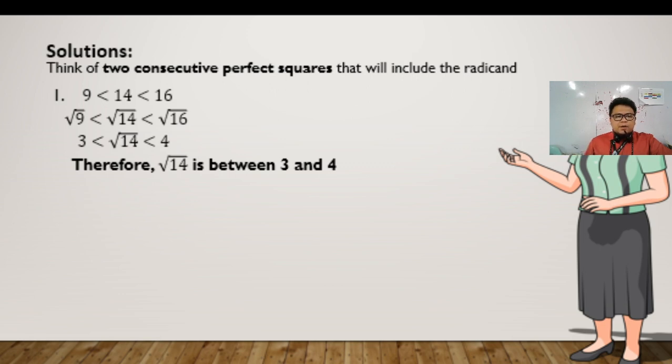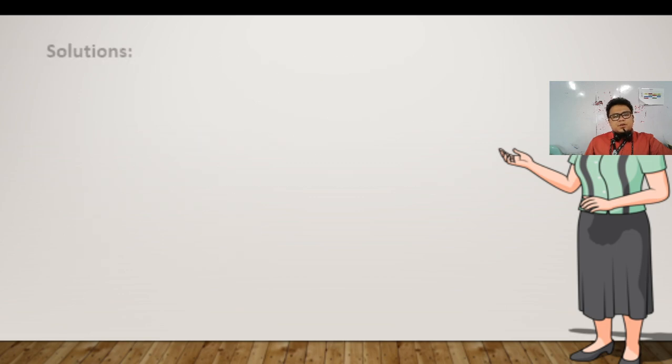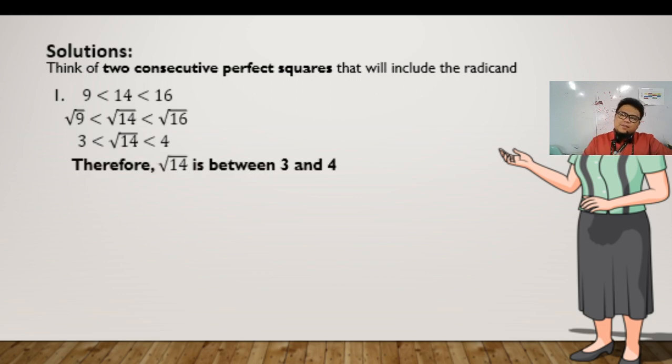Okay, question number 2, square root of 50. Think of two perfect squares before and after 50. The perfect square before 50 is 49, and the perfect square after 50 is 64.